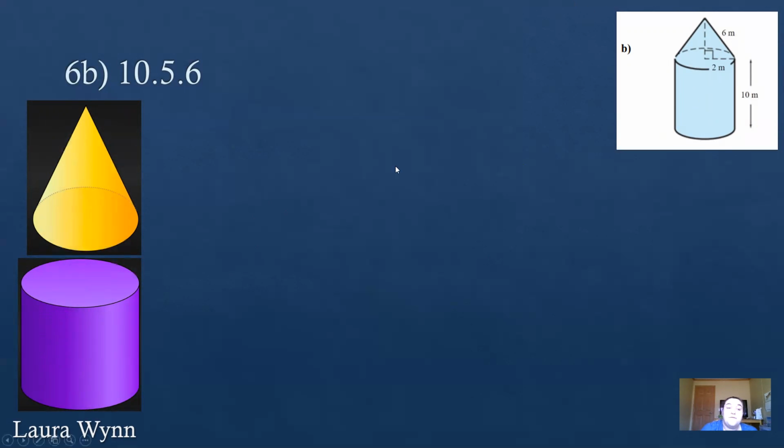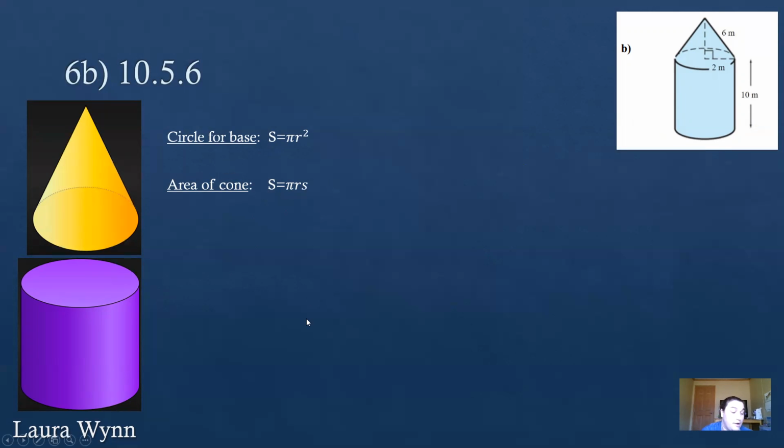Now, for our cone, we need to know the area of the cone. And if you notice, the bottom of our cone is a circle, so we need the area of a circle. Here's the circle for the base, which is pi radius squared. The area of the cone is pi radius s, where s is the slant length of our cone.